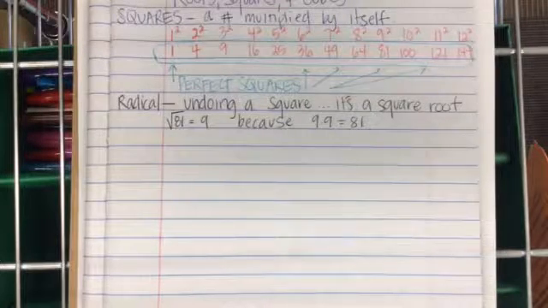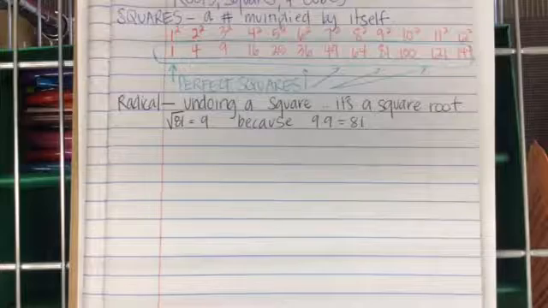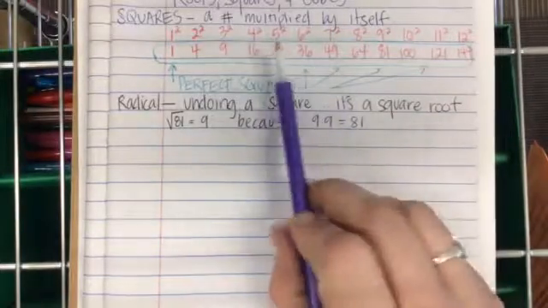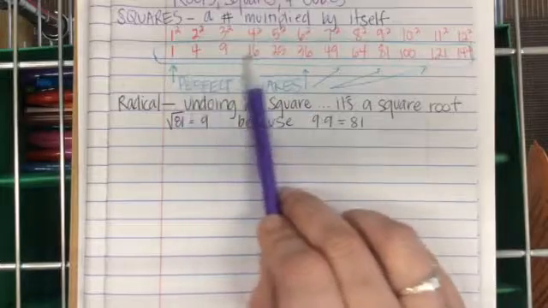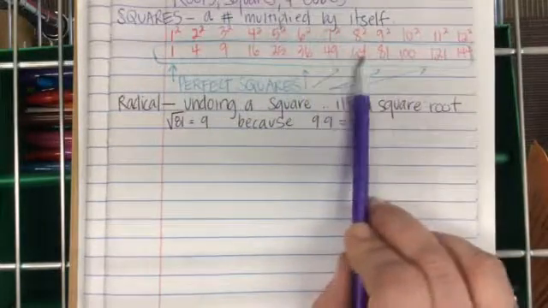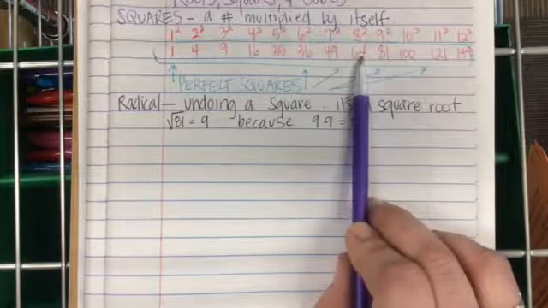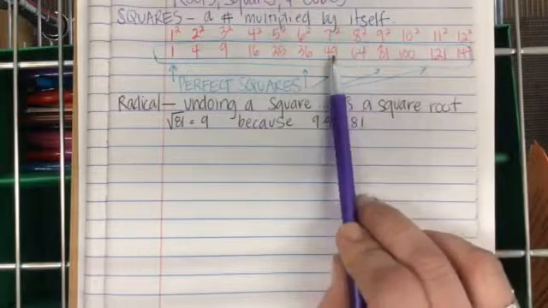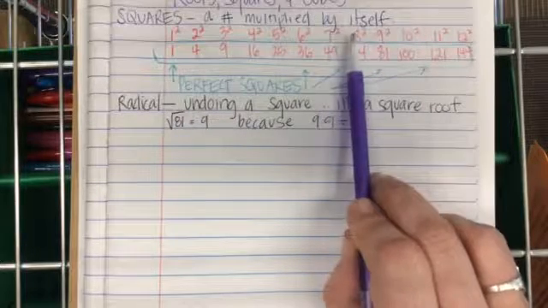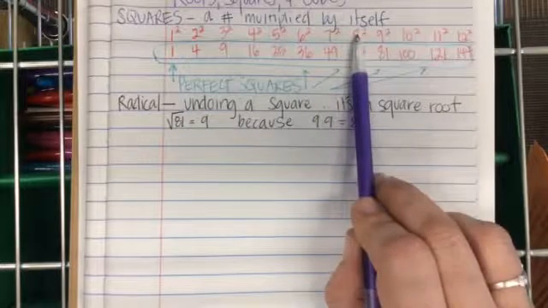And remember, at the beginning of the year, we estimated. If I gave you the number 50, where does 50 fit in this list? Between 49 and 64. So the square root of 50 is between 7 squared and 8 squared.